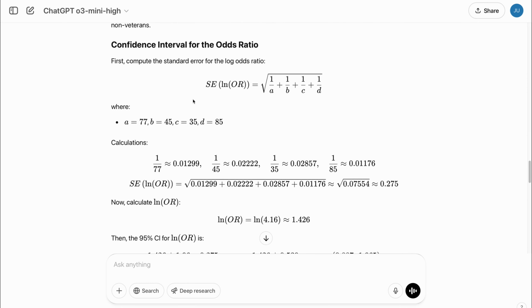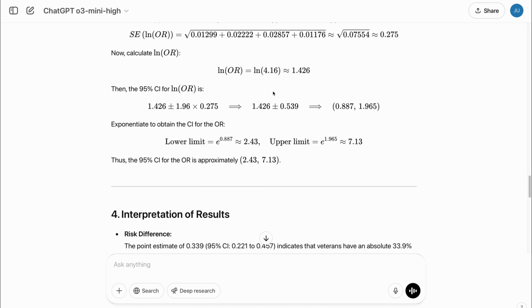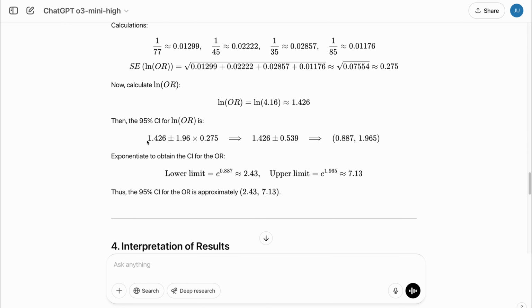Now the confidence interval, remember we have to take the natural log of the odds ratio, and then it's just 1 over each of the joint frequencies. And so again, if we go through all of that, we see that the natural log of our odds ratio turns out to be 1.4261 plus or minus 1.96 times the standard error.